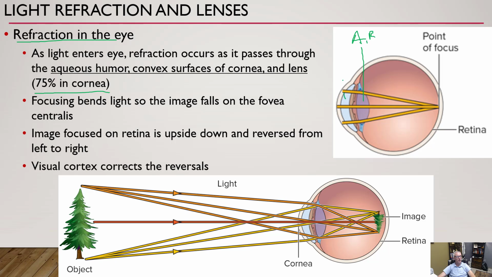The cornea will do refraction. But in normal healthy eyes, the lens and the cornea will refract that light to put those light rays right on that fovea centralis.